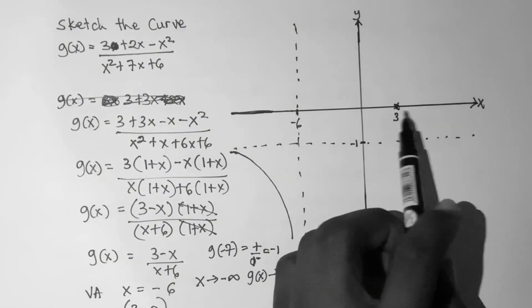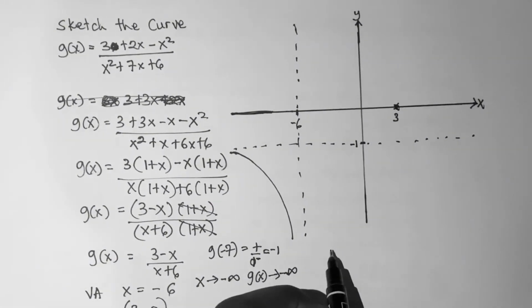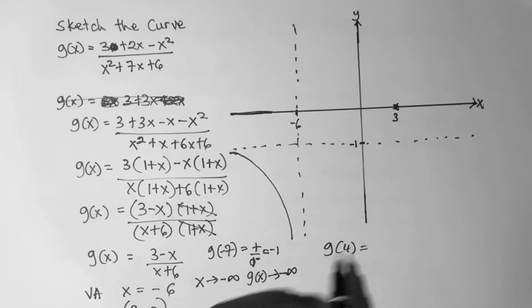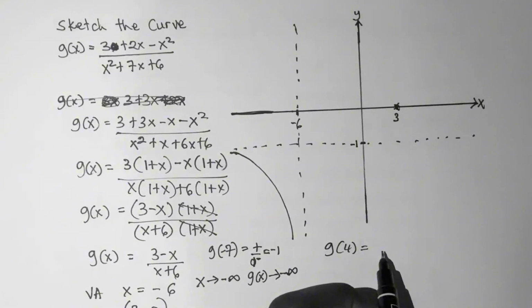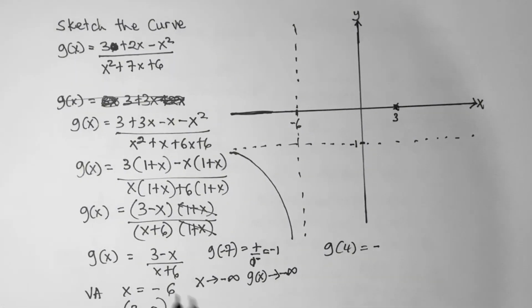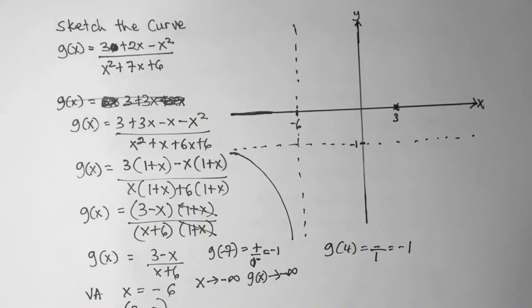Now let's come to the region beyond the turning point, which is x equals 3. So let's take a value like g of 4. Now if you put 4 here, 3 minus 4 is minus 1, so it's a negative number. And then 4 plus 6 is 10, that's a positive number. So the result is a negative number.